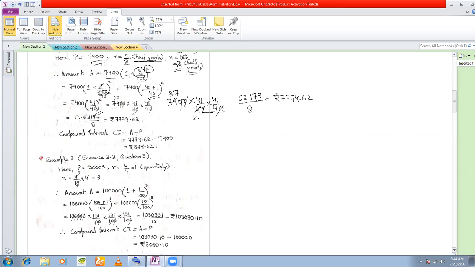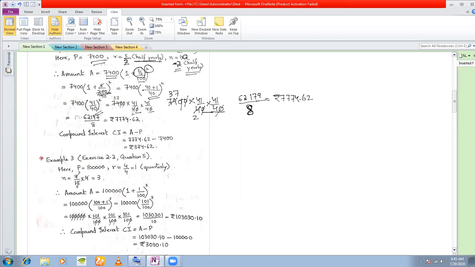However, what I want to tell you here is that even if you don't cancel the zeros, it is going to work, because I am getting two zeros in the denominator. Whatever product I get in the numerator, I simply shift it two decimals to the left, and then I will get the answer. But if the denominator is low, see the denominator here is 8, then it won't be a very difficult job for me to divide.